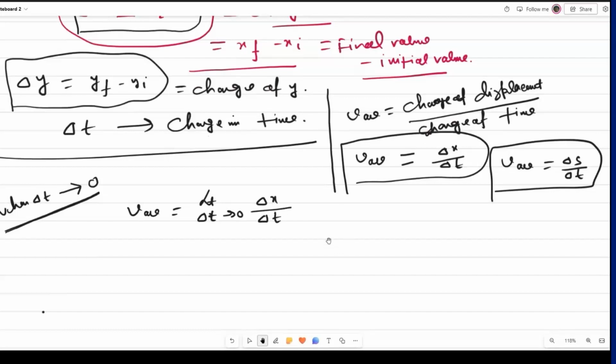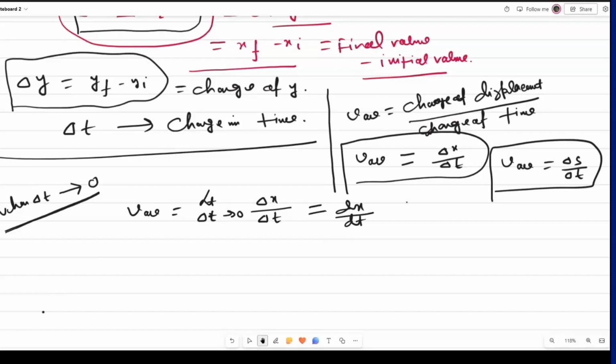This is actually a concept from limit. We cannot learn the whole of limit. We just remember that it is delta t tending to 0, a very small quantity in mathematics. In that case, this is going to be dx by dt. So v is limit delta t tending to 0 of delta x by delta t, or dx by dt.